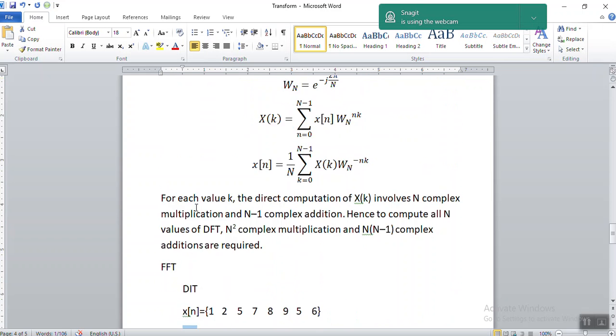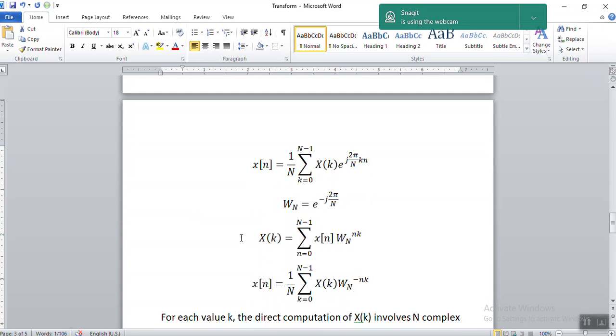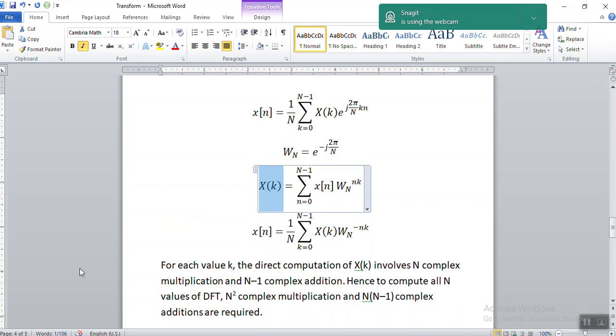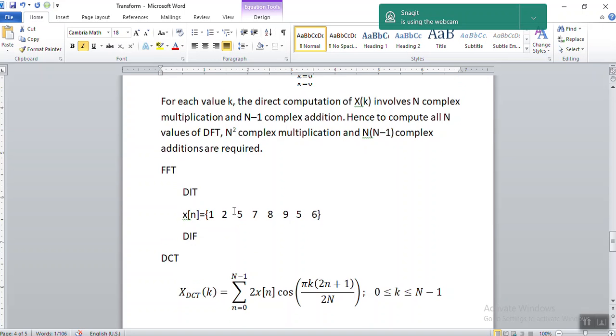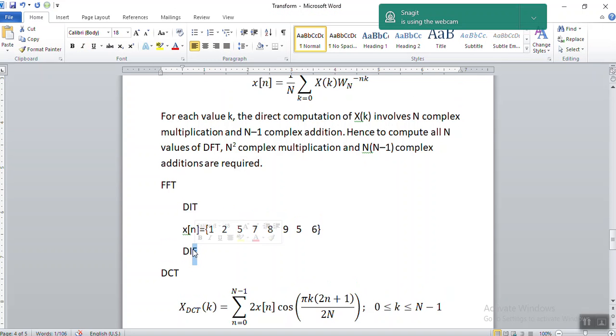So, decimation in frequency means what you are going to decimate? You are going to decimate X of k in the same way, and it is a back calculation. So, X of k is divided into odd numbered and even numbered sample values. That way, decimation in frequency.